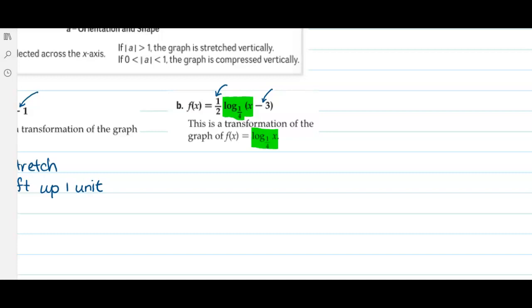And we're subtracting 3 within the parentheses with x. So the 1/2 is going to cause a vertical compression and subtracting 3 is causing us to move right 3 units.